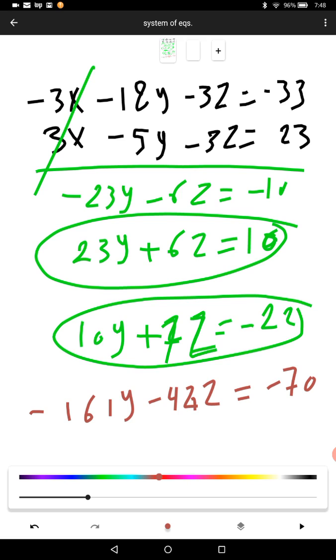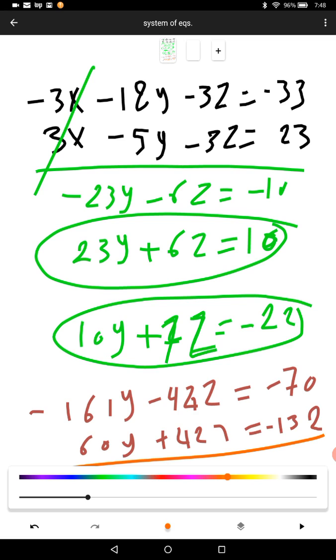The second equation we multiply by 6, so 60y plus 42z equals negative 22 times 6, which is negative 132. Now you can solve both equations. If you add both equations, you can cancel out z. So you have negative 101y equals negative 202.